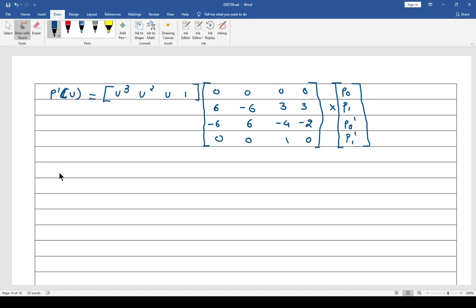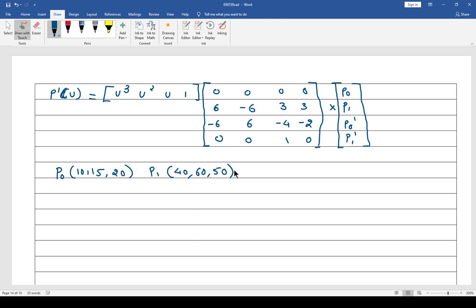So now on the basis of this, we try to solve one problem. My P0 point is 10 15 and 20. The another point P1 is 40 60 and 50.